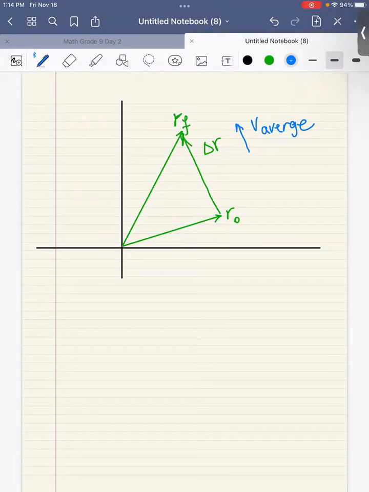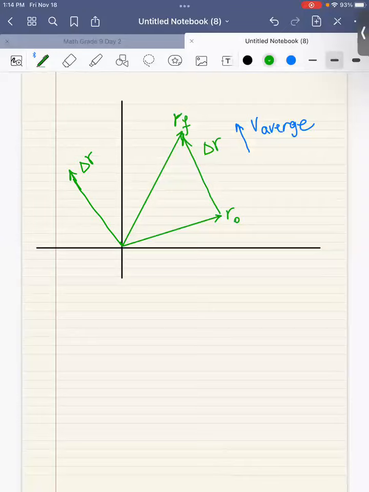So delta r, to be more precise, is something like this in terms of the two components. R stands for the position.